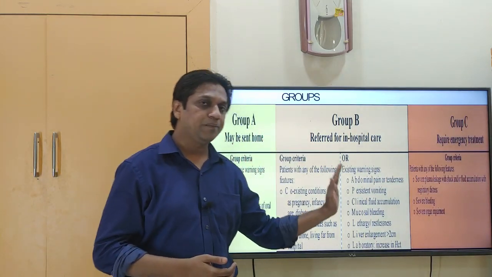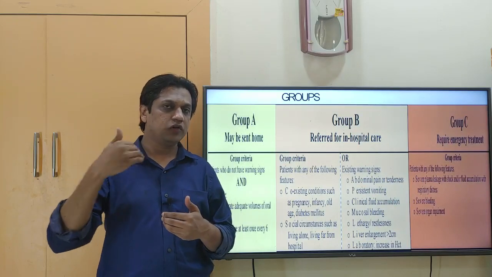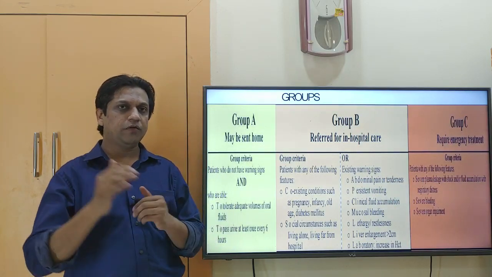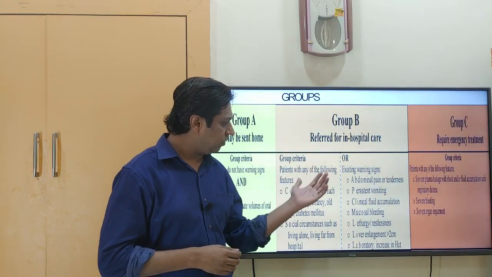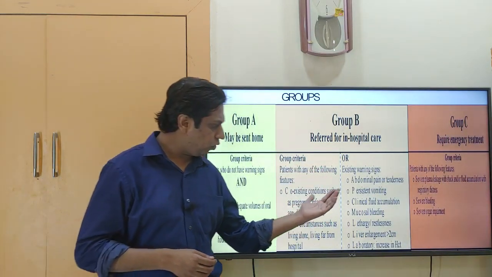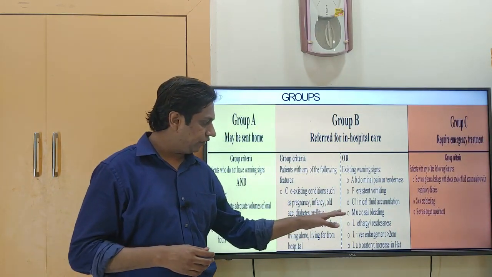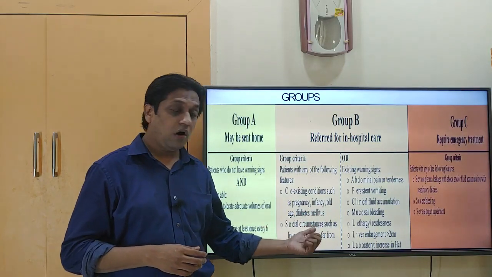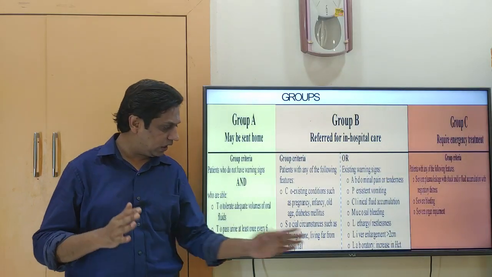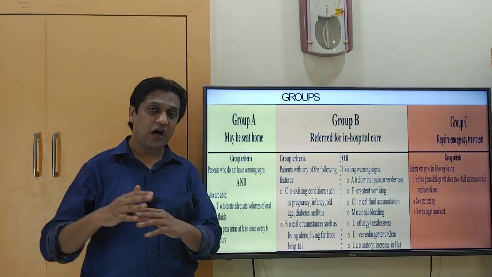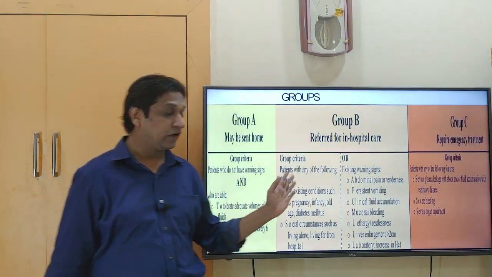Then Group B, that is dengue fever. If we suspect that they may be progressing to dengue hemorrhagic fever or dengue shock syndrome, just to monitor them, we admit them in the hospital. So patients with any of the following criteria: coexisting conditions such as diabetes, extremes of age like infancy or old age, or even pregnancy, or sometimes social circumstances where the patient lives alone or lives far away from the hospital and finds it difficult to come immediately if any complication develops.